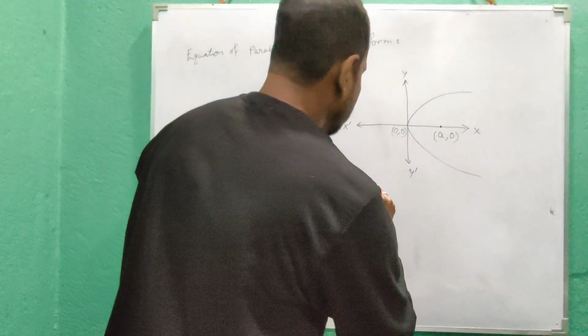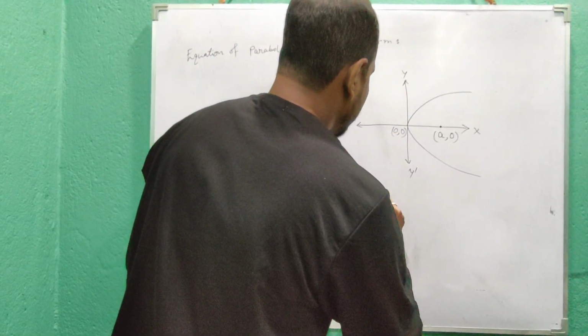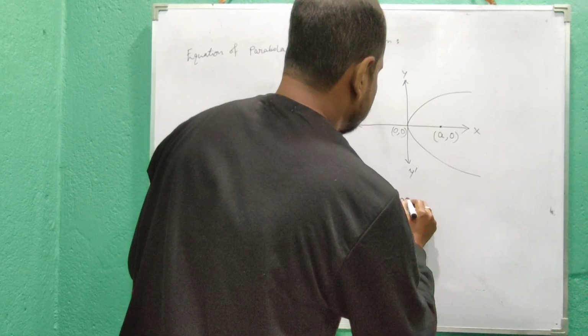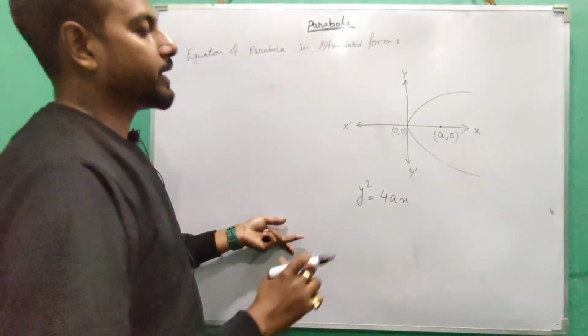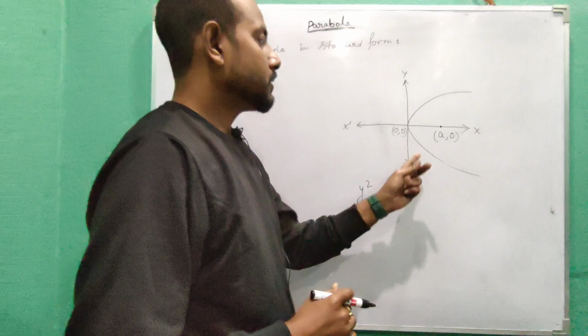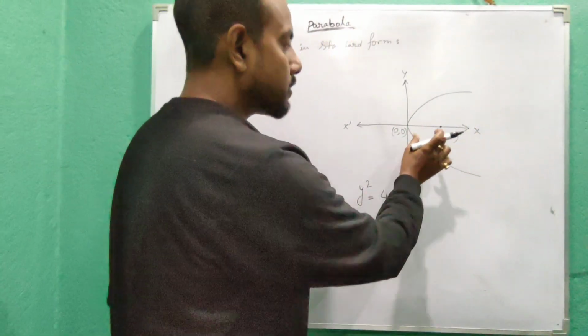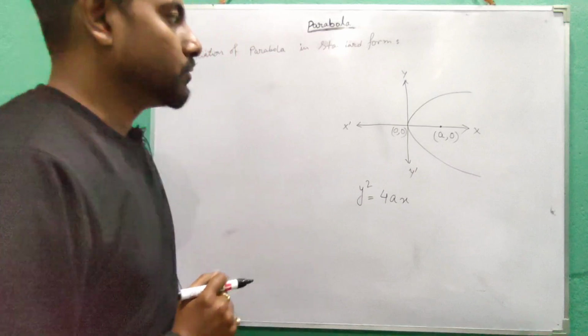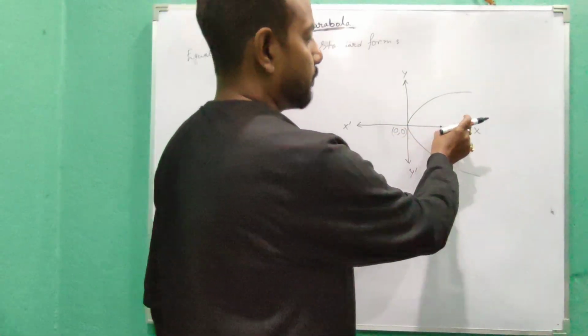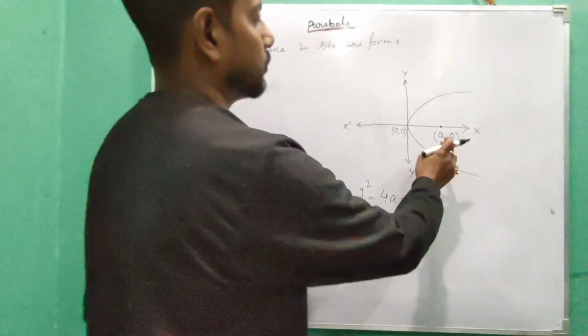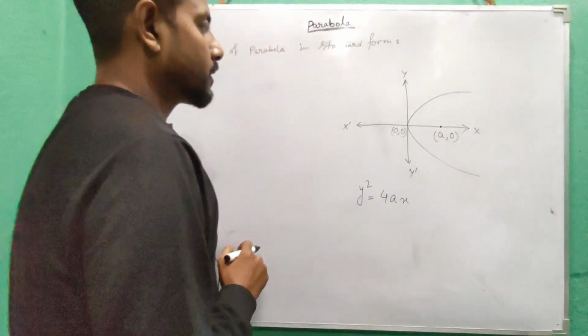The equation of the parabola will be y square equal to 4ax, whose axis is the positive x-axis and the focus is a comma 0, because it is on the x-axis.